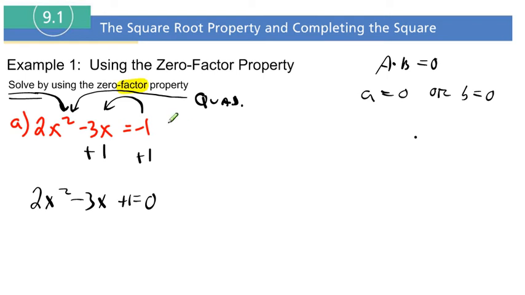You also learned in chapter 6 how to factor this, and there are a ton of different ways of factoring. I'm going to show you a method that I like to teach, and it may be different than the way that you were taught, or it may be the same.